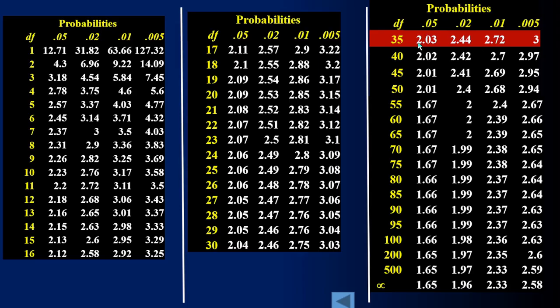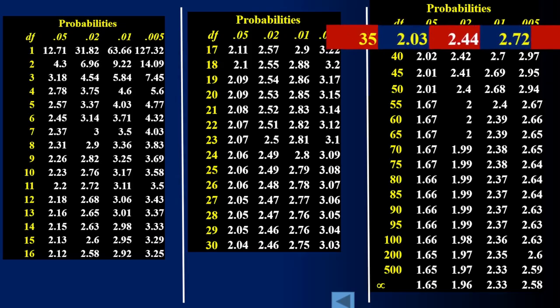We have to see these two table values. These two values are required table value for significance of difference between means at 0.05 level and 0.01 level respectively. At 0.05 level, required value is 2.03, and at 0.01 level, required value is 2.72. That we have to remember.